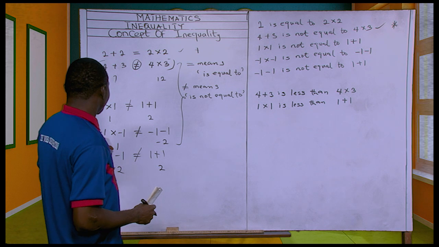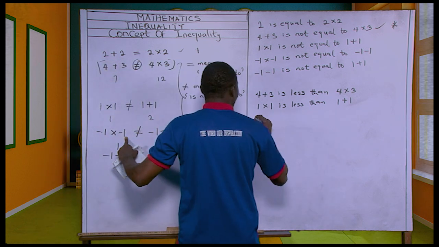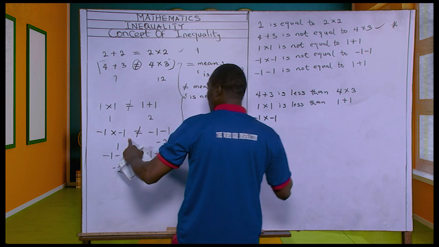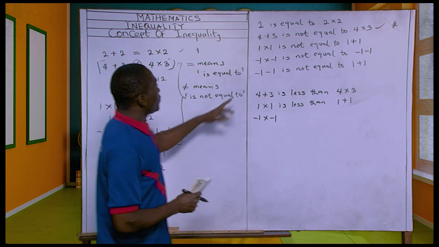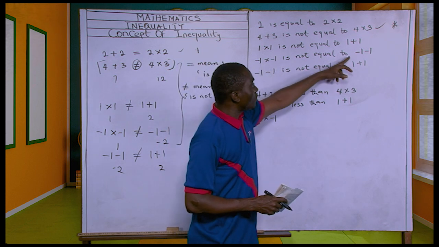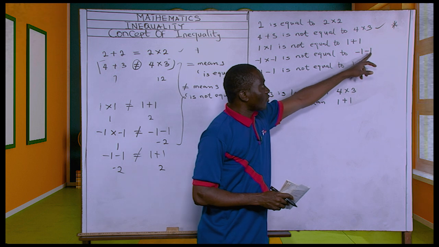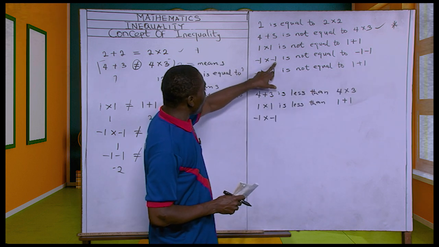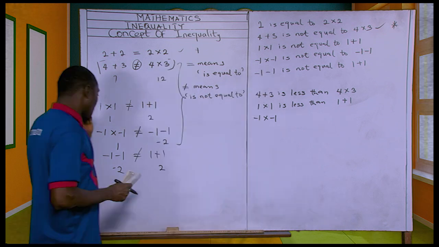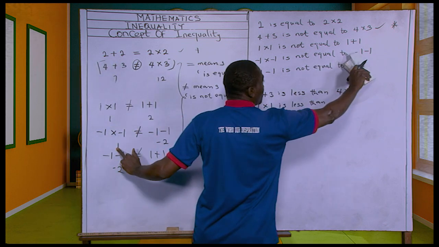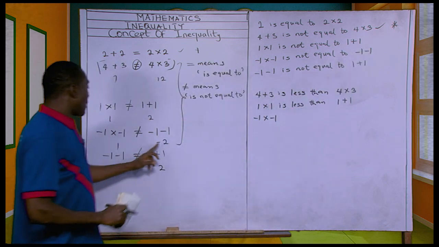Let me come to this. Minus 1 multiplied by minus 1 is not equal to minus 1 minus 1. Why? Because minus 1 times minus 1 will give us 1, while minus 1 minus 1 will give us minus 2.